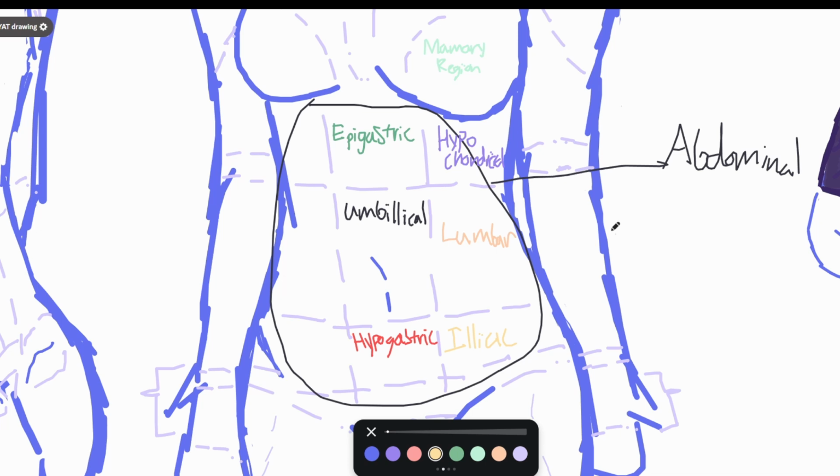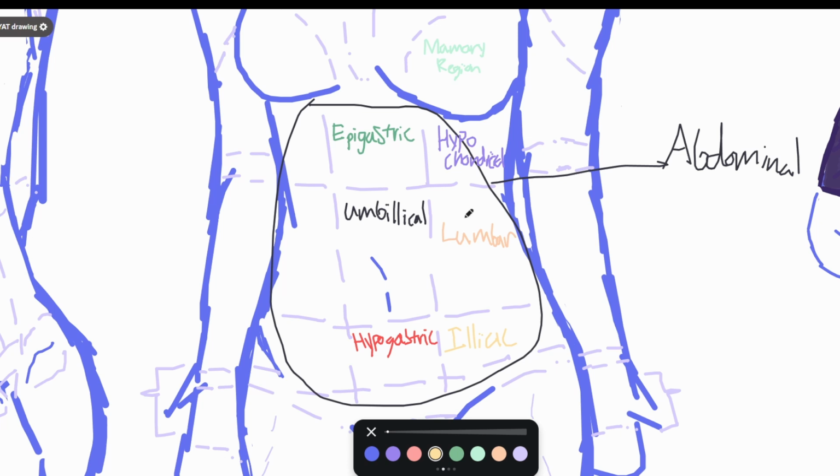We refer to it from the patient's perspective. So here it would actually be their left, here it would be their right. So for this area, that's the left hypochondriac region. Left lumbar, left iliac, right hypochondriac, right lumbar, right iliac, right? Pretty self-explanatory. Not much to say.